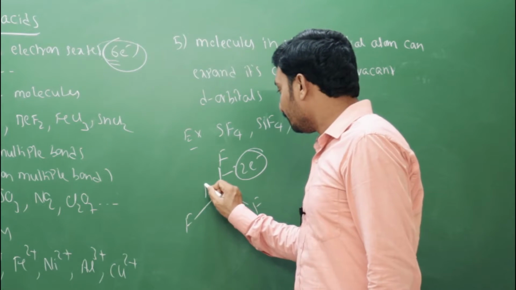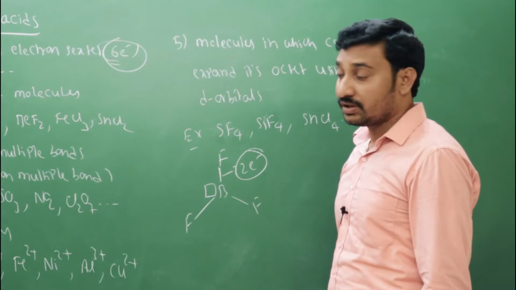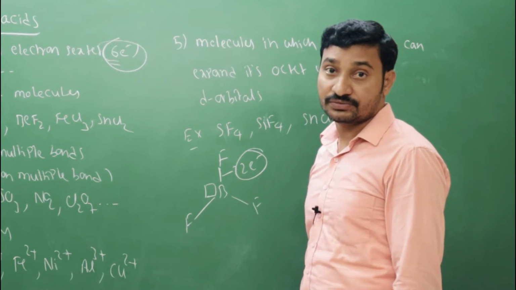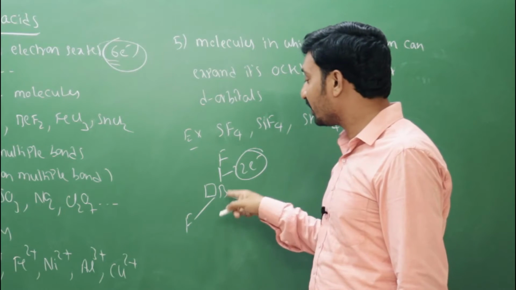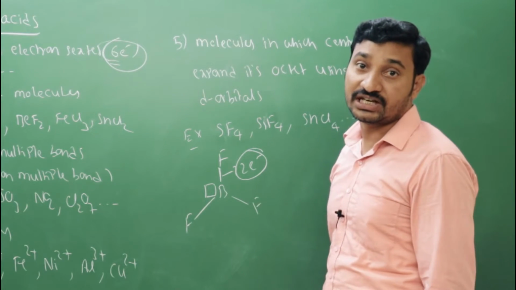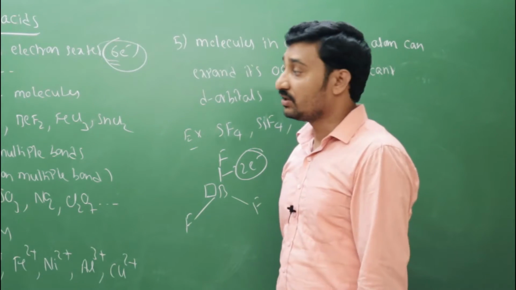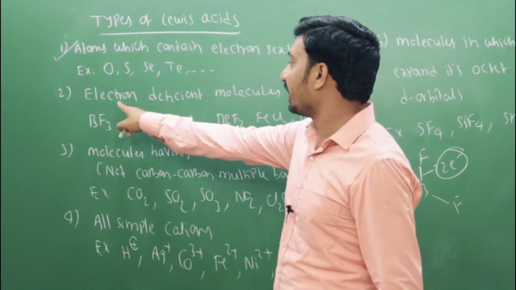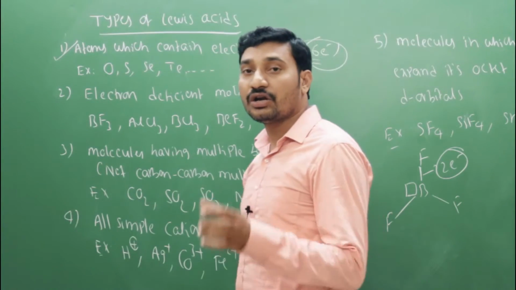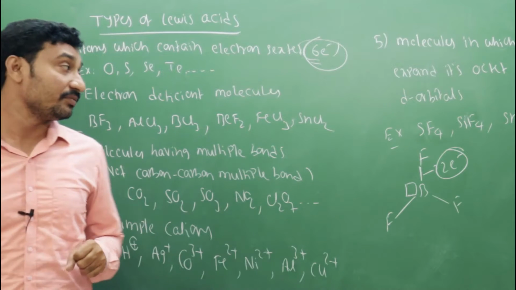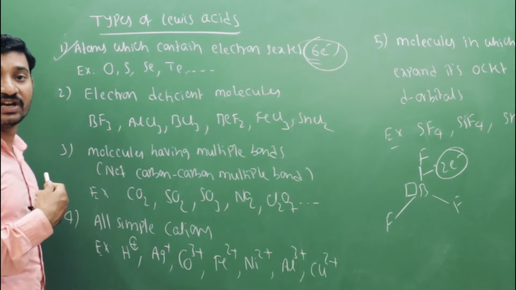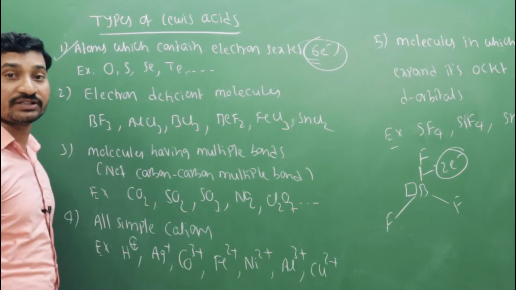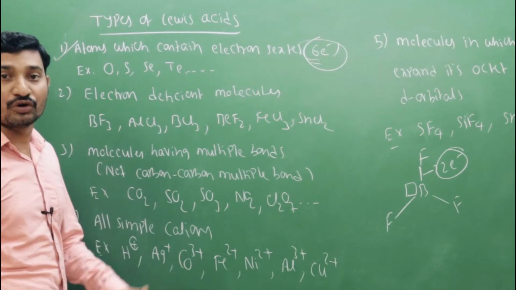So that's why boron has a vacant orbital. That's why it is ready to accept a pair of electrons and will get stable, because if it accepts a pair of electrons, it will follow the octet rule. That's why it will become stable. So electron deficient molecules are Lewis acids. Why? Because they will accept a pair of electrons and will get octet configuration and will become more stable.